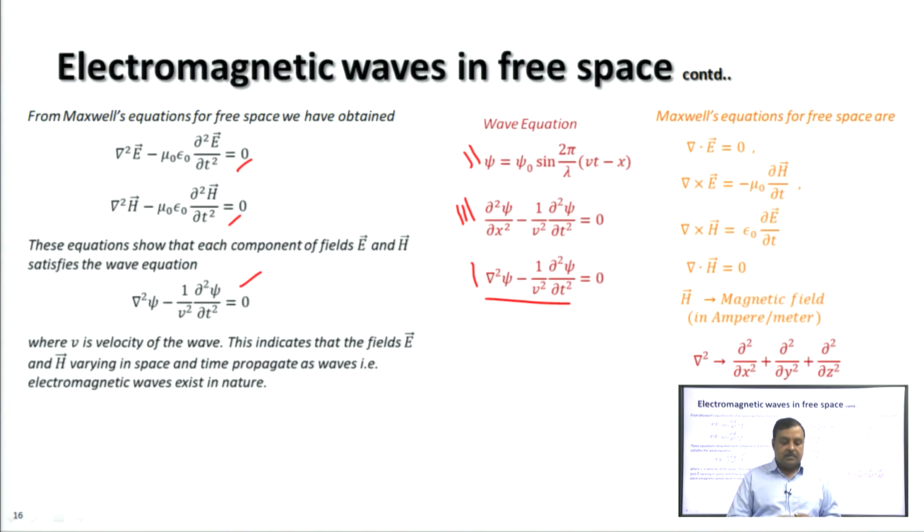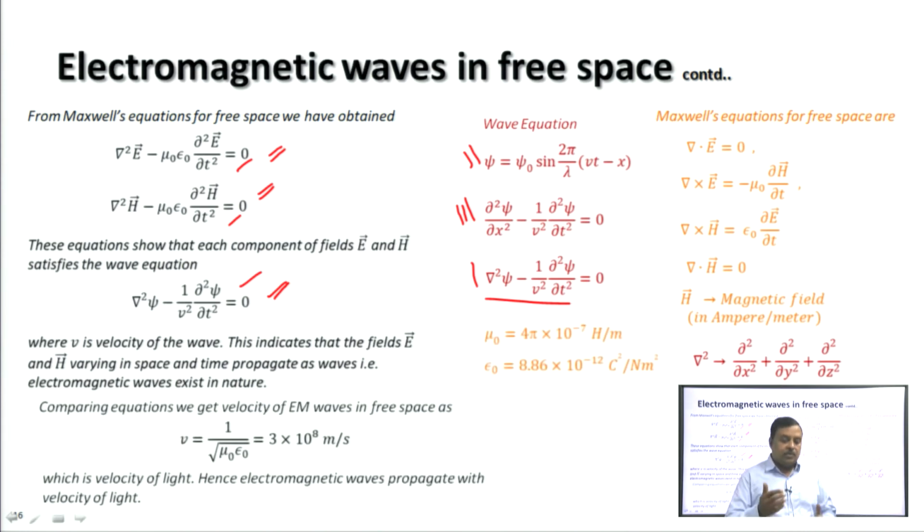So, if we compare this equation del square psi minus 1 by v square with the equations for electric and magnetic field, then we have mu 0 epsilon 0 in place of 1 by v square. So first of all we can understand that electric field E and magnetic field H are propagating as waves with velocity v which is equal to 1 by square root of mu 0 epsilon 0.